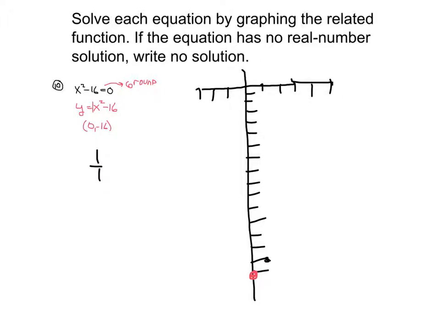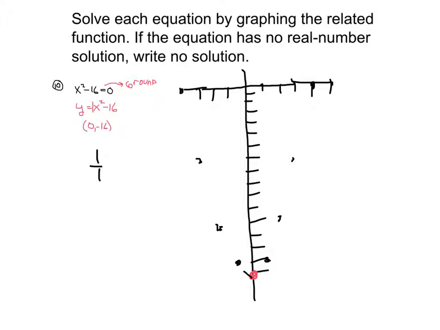And then we're going to go up 3 over 1, up 5 over 1, and up 7 over 1. The same thing happens with the negative. So up 1, left 1, up 3, left 1, up 5, left 1, and up 7, left 1.